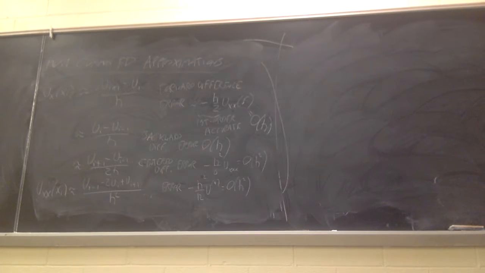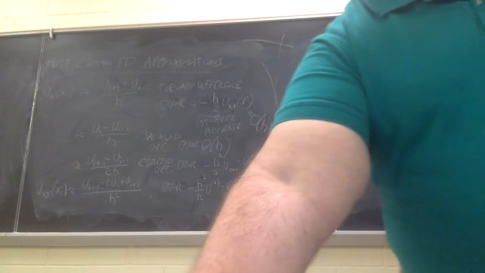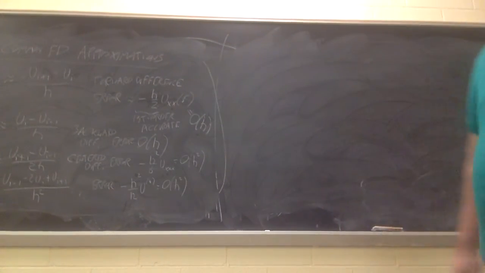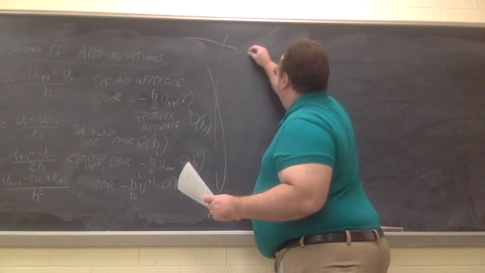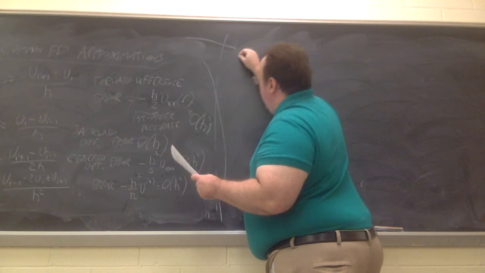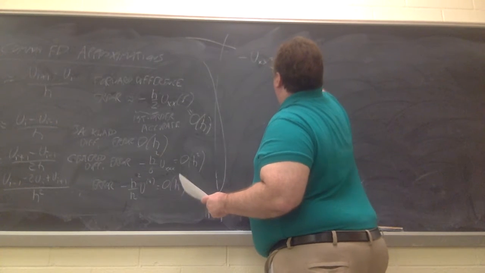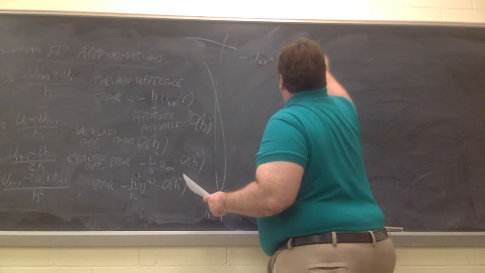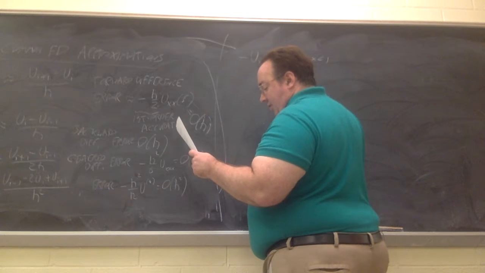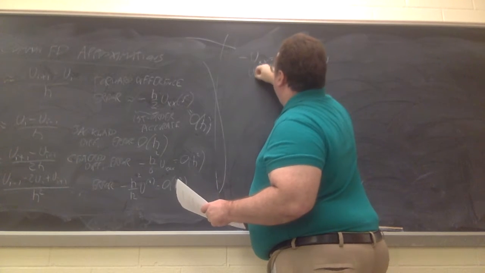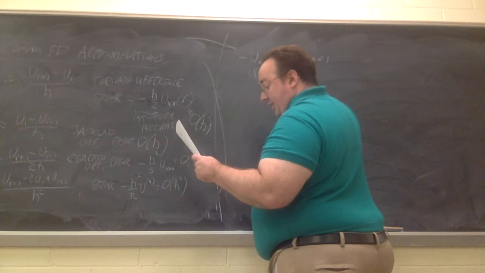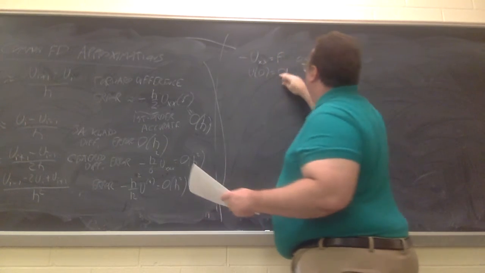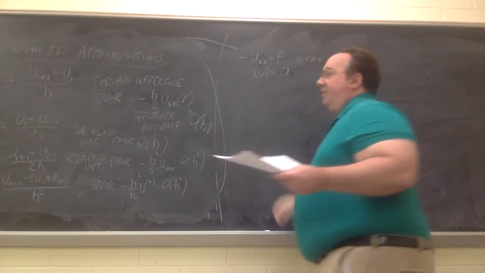So now I'm going to work with a different Poisson's equation problem. So we have minus uxx is equal to f on 0 to 1. Now that part hasn't changed. I'll have a Dirichlet condition on the left side, but I'm not going to say it's 0. It's some given value a that could be non-zero.